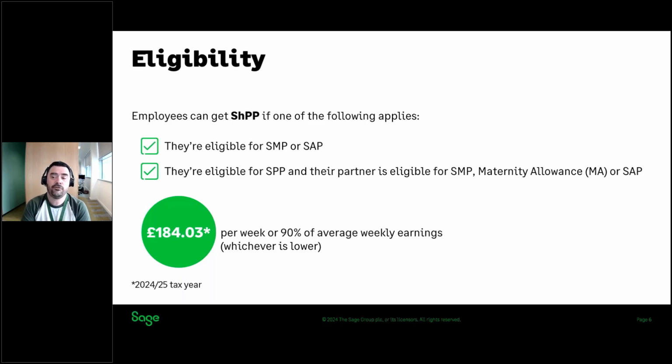Now, the rate of pay for shared parental pay is the standard rate, so it's £184.03 per week, or 90% of average weekly earnings, whichever is lower. And that's the rate that applies for the current tax year, 2024 to 25.